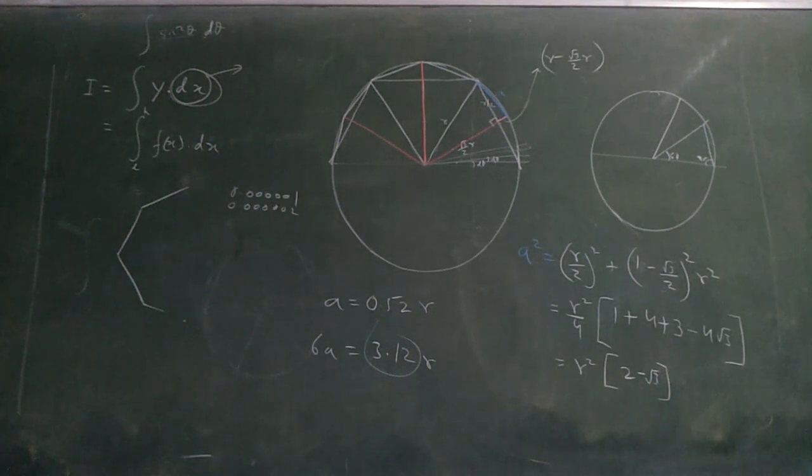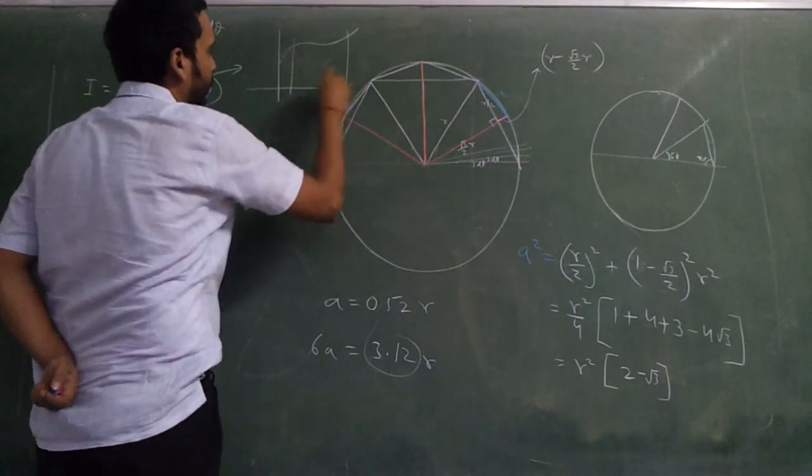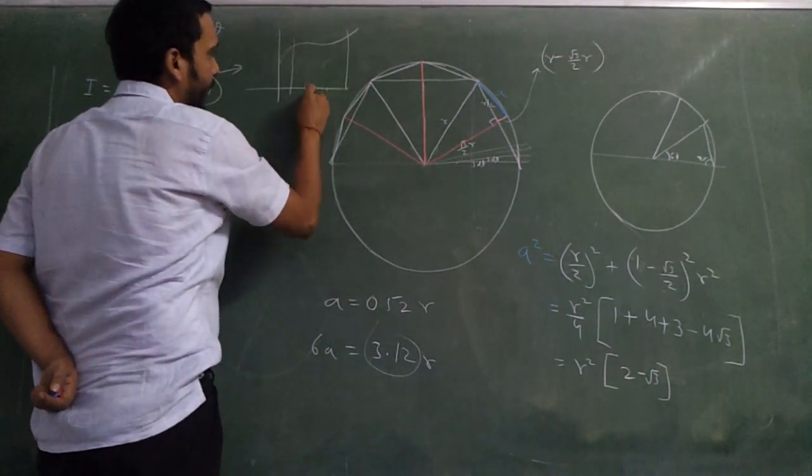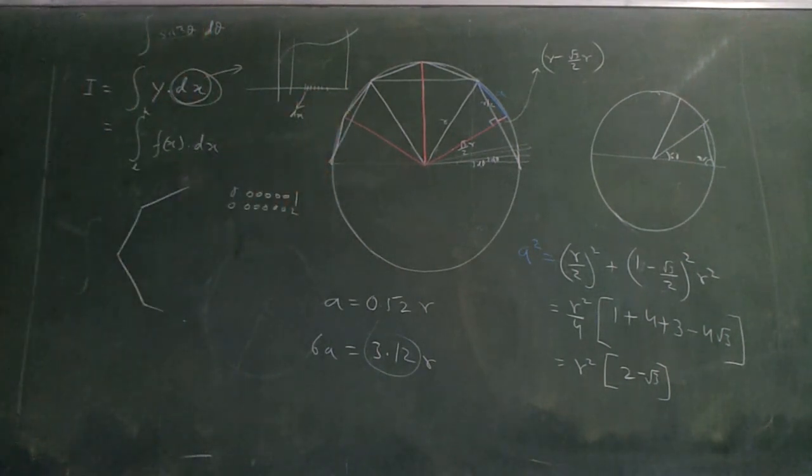Get the point? If you are going to divide the area under the curve into dx, dx, dx, dx like that, each of them will have a width of the same dx. Not a random dx, not a changing dx, okay? It's a constant dx all the time. Get the point?